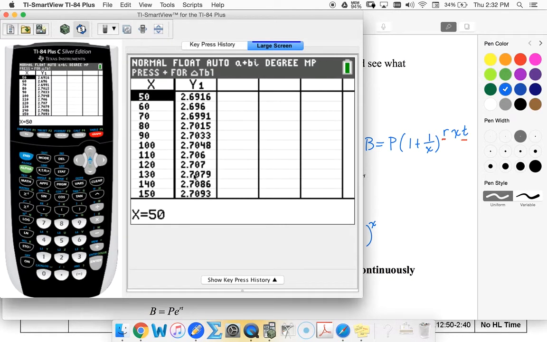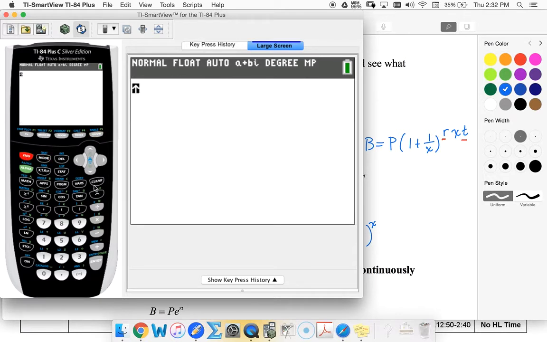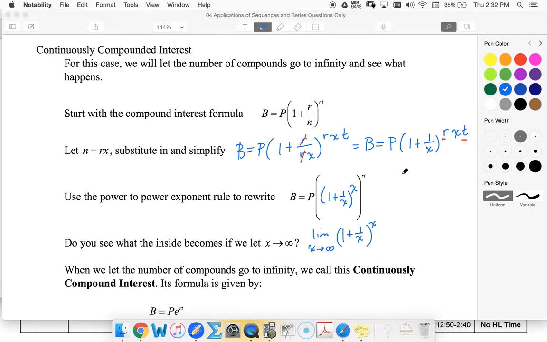We're getting closer and closer to 2.71. Remember what 2.71 is? Hopefully you remember that that is our friend, the natural number, not pi. The natural number is here, and we see 2.71, which is what this limit becomes.